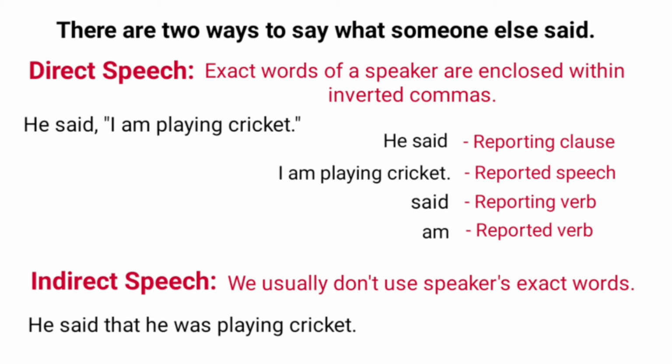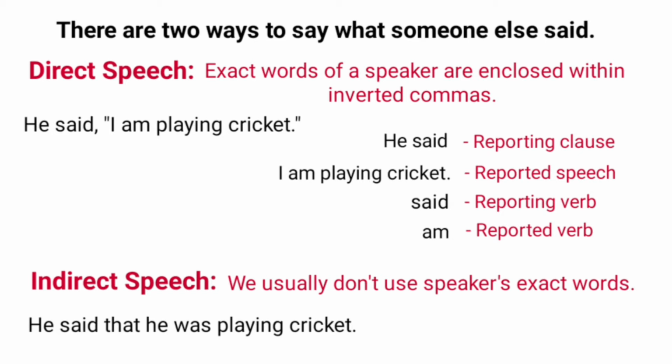Suppose I want to tell you what he said. First method is direct speech. By using this method, I'll quote his exact words. Like this, he said, "I am playing cricket." You can see his exact words are enclosed within inverted commas.